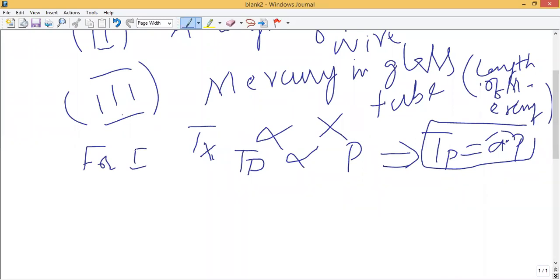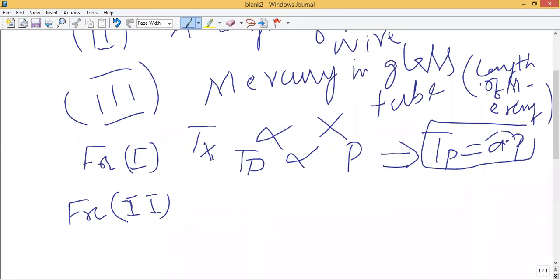type thermometer. For the second type, that we discussed, it is the resistance of platinum wire.